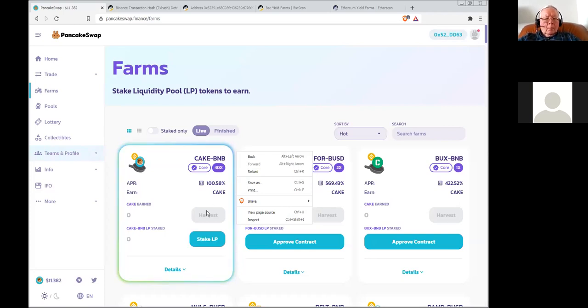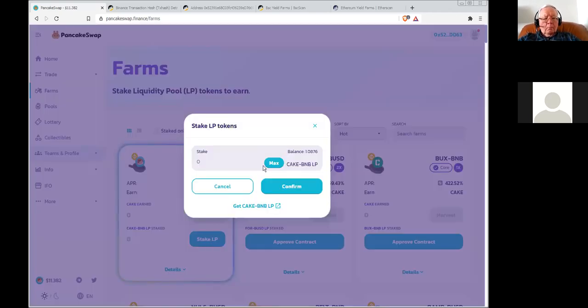Okay, and so it says, how much do you want to stake? Stake. Okay, and I'm going to say there's that same balance, 1.08. I'm going to say the maximum, and I'm going to confirm. I get the confirmation from the wallet again.